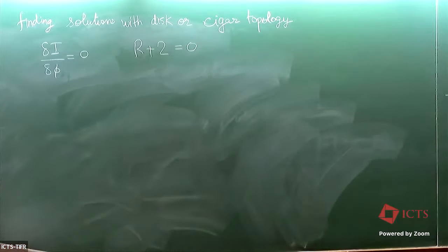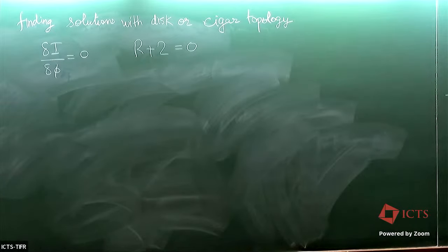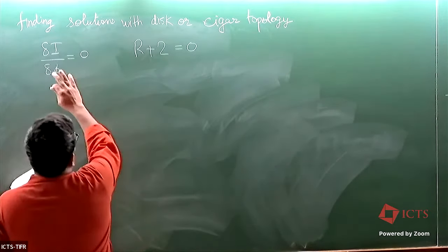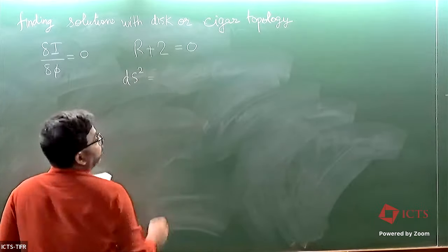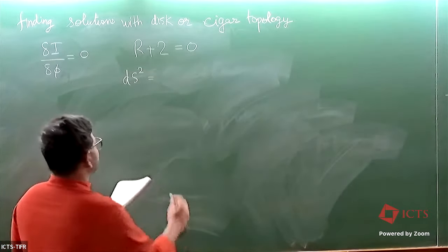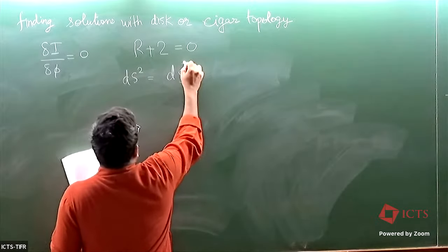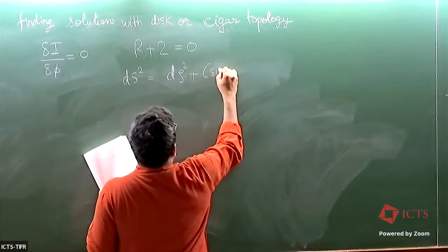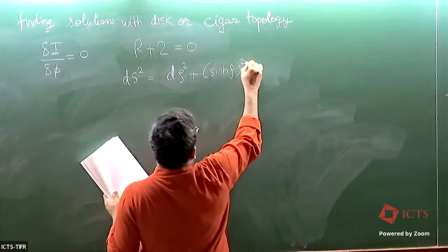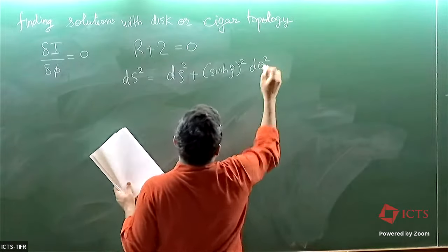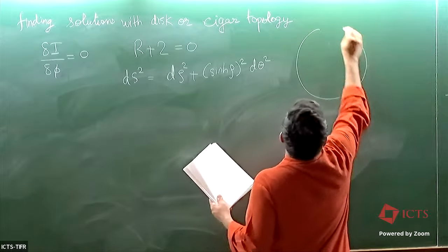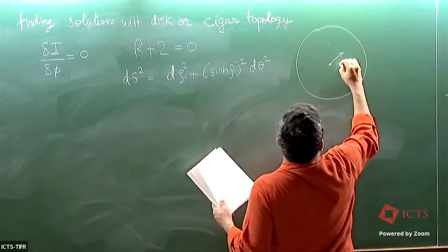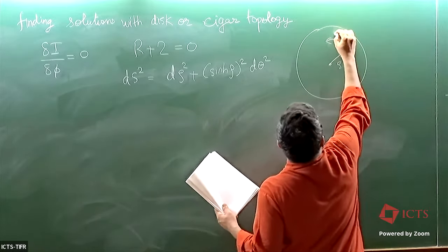So this is nothing but saying that it's a constant negative curvature space. And since we want to find a solution with the disk topology, we just write down the metric of hyperbolic 2 space. The metric is d rho squared plus sinh squared rho d theta squared. So rho is the radial coordinate and theta is some angular coordinate.